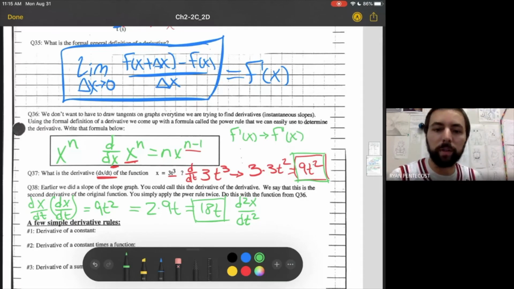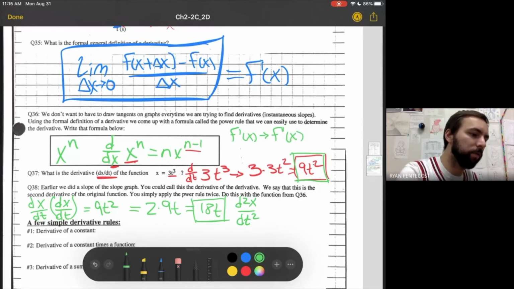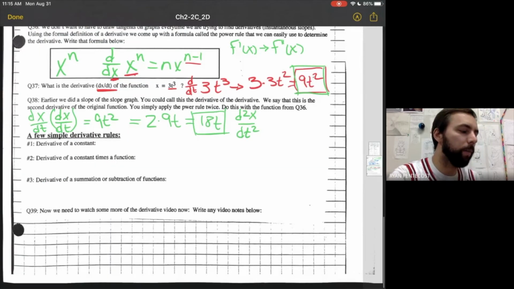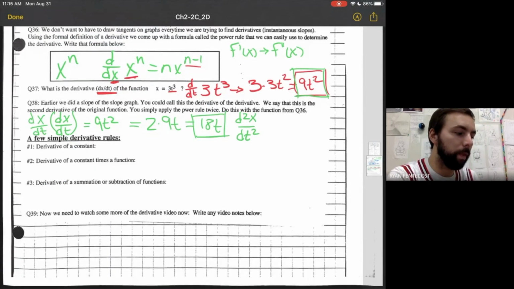So Newton's was simple in that way, but when we get into physics, sometimes simple is not enough because, for example, you have a function x equals 3t cubed. Sometimes we have more than one variable. So we need to know what variable are we taking the derivative of. And dx dt tells us that.